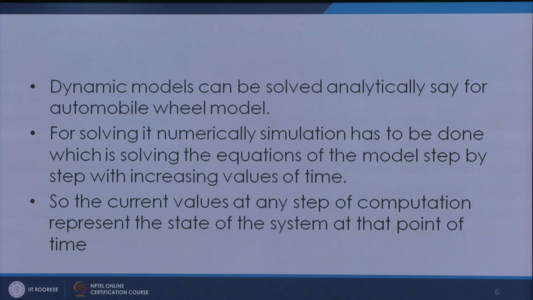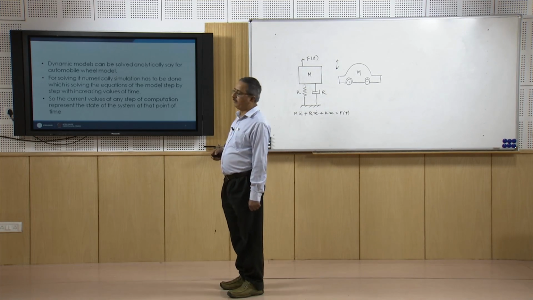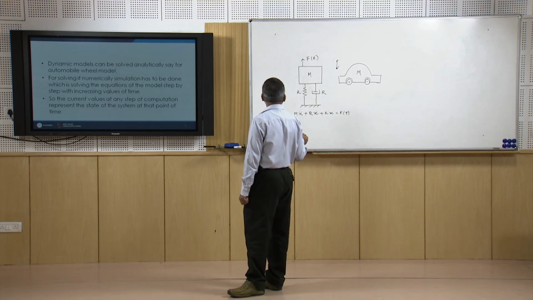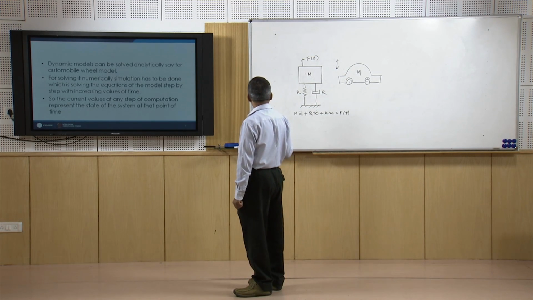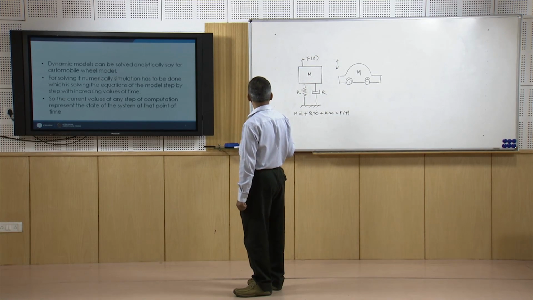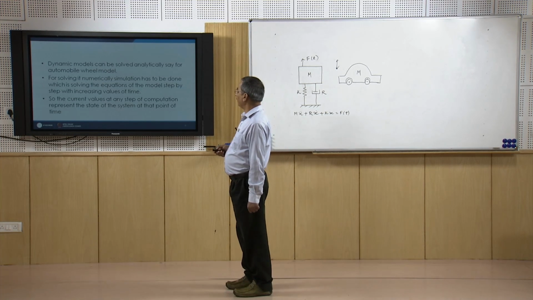Dynamic models, which of course are the principal component of our course here. The dynamic model can be solved analytically, say for the automobile wheel model. This model which I just talked to you about, we can solve a simplified model, say a simple 1D model of it, analytically.